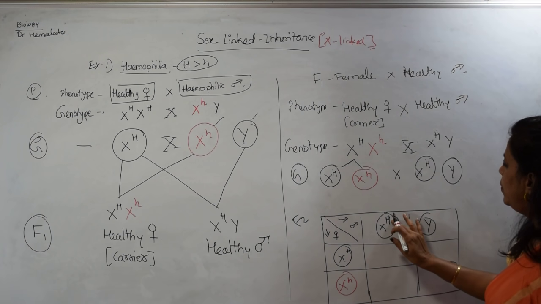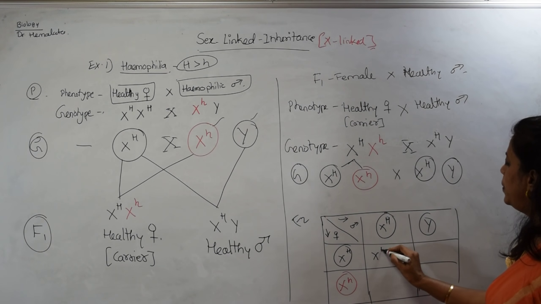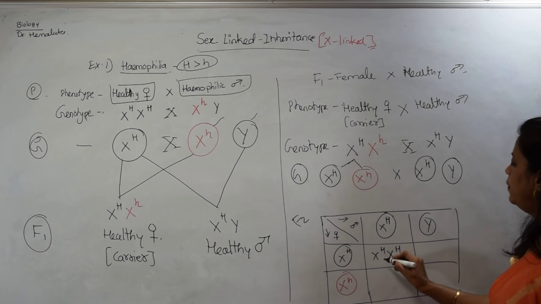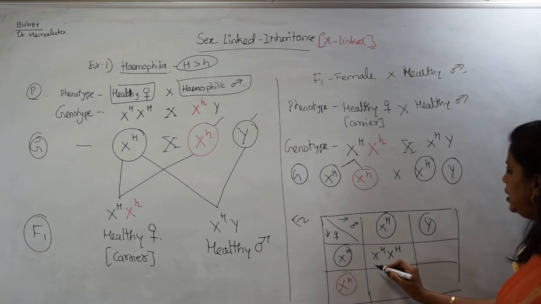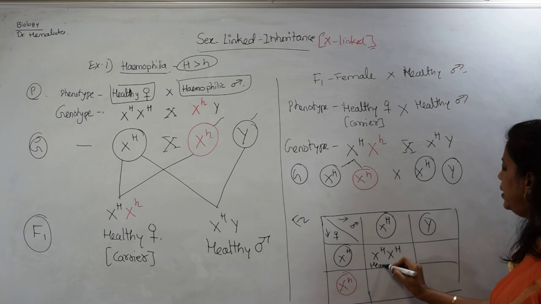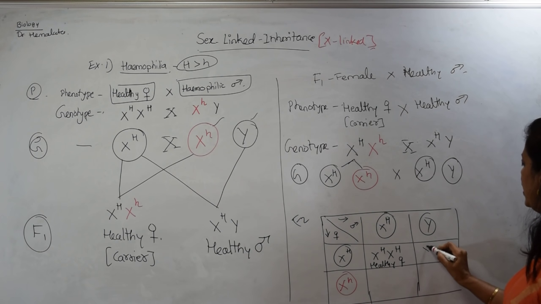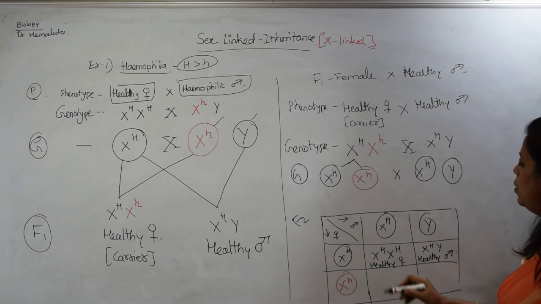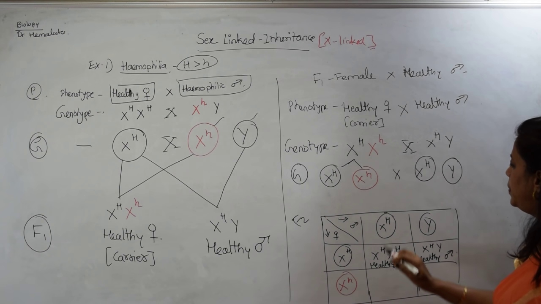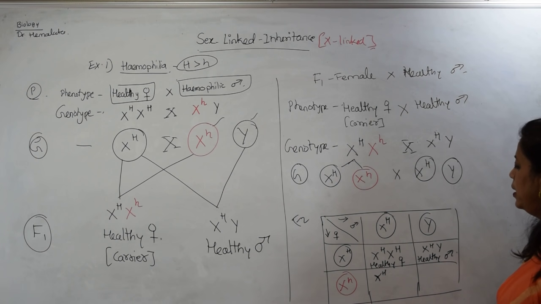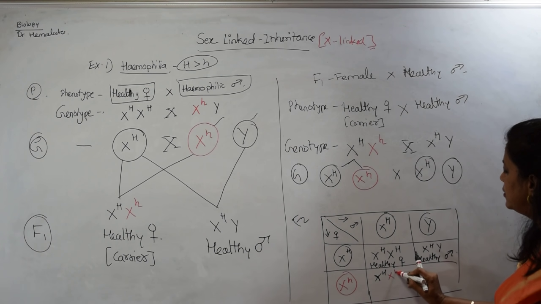Combine them. What is the combination? X capital H, X capital H. How is this female? She is a normal, healthy female. Now, X capital H and Y, he is the healthy male. What is next? This is X capital H and another X small h.